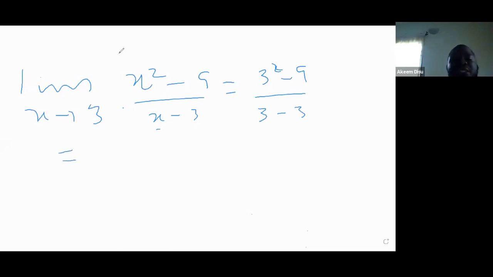This will give you 9 minus 9 over 3 minus 3, and this will give you 0 over 0. In mathematics, this is undefined. We cannot get a solution this way.